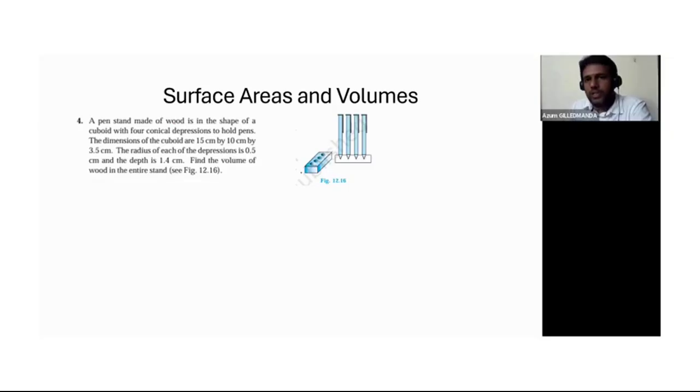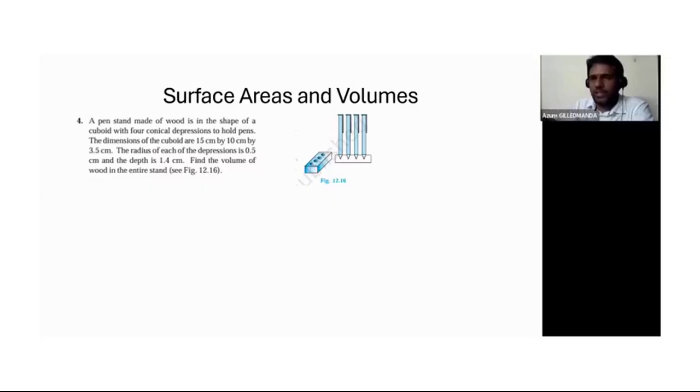If you see here in the diagram, this pen stand which is made of wood is in the shape of a cuboid. Cuboid means our box, right? Our box that we keep our pens and pencils in. That box is in the shape of a cuboid because it has a length, a breadth, and also a height, like our room, our classroom.